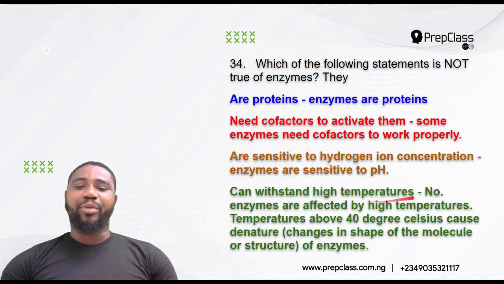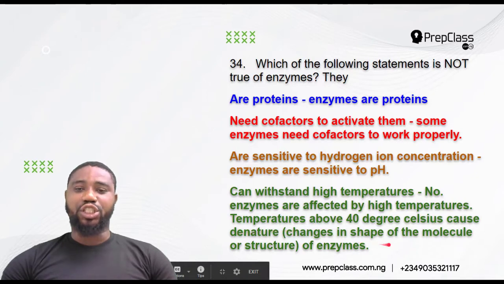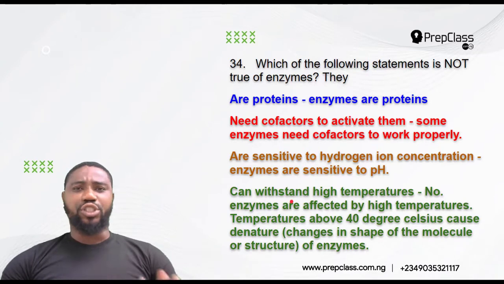Can withstand high temperature? That's false. Enzymes cannot withstand high temperature. Enzymes are affected by high temperatures. Temperatures above 40 degrees Celsius cause denaturation, that's a change in the shape of the molecule or structure of the enzyme. Enzymes are proteins, and all proteins become denatured when temperature increases above 40 degrees Celsius. Denature simply means their structure will change.